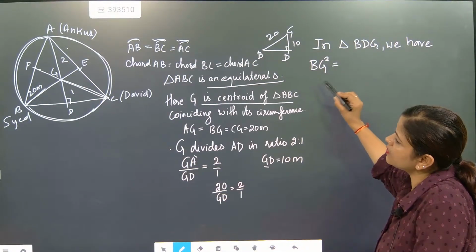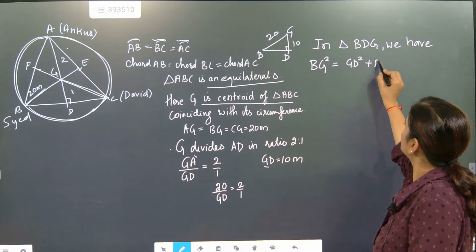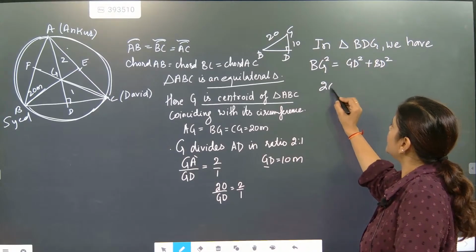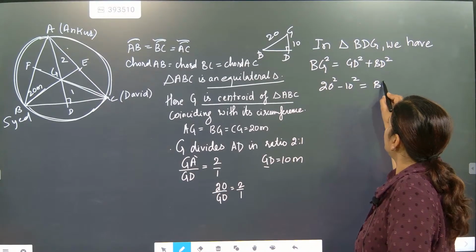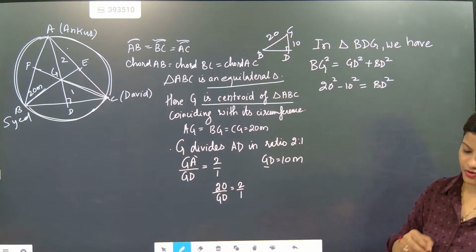BG square is equal to what, beta? GD square plus BD square. What is BG? BG is 20. So 20 square minus 10 square is equal to BD square. Once we get the length, our work will be over.